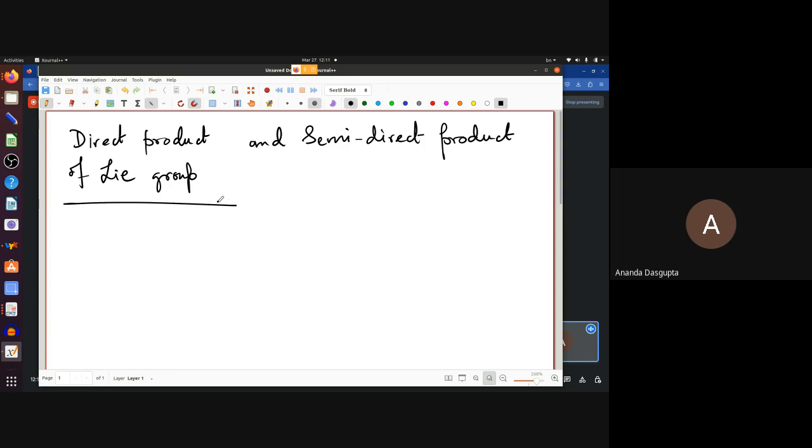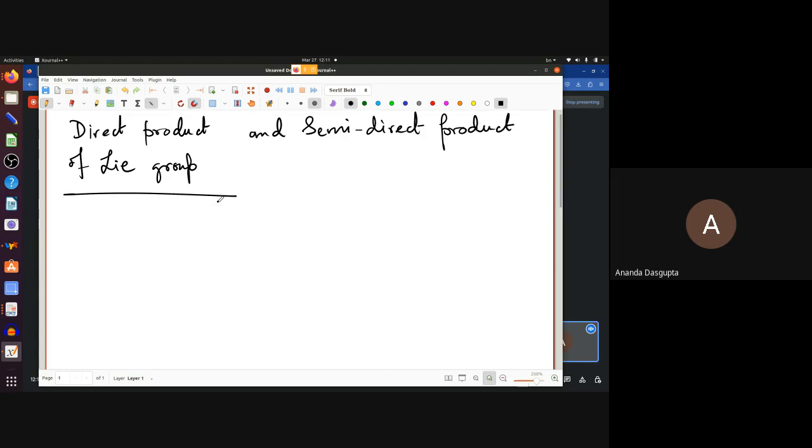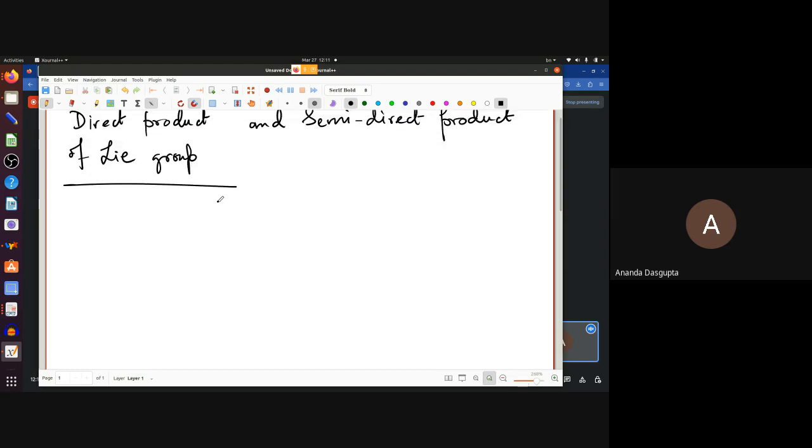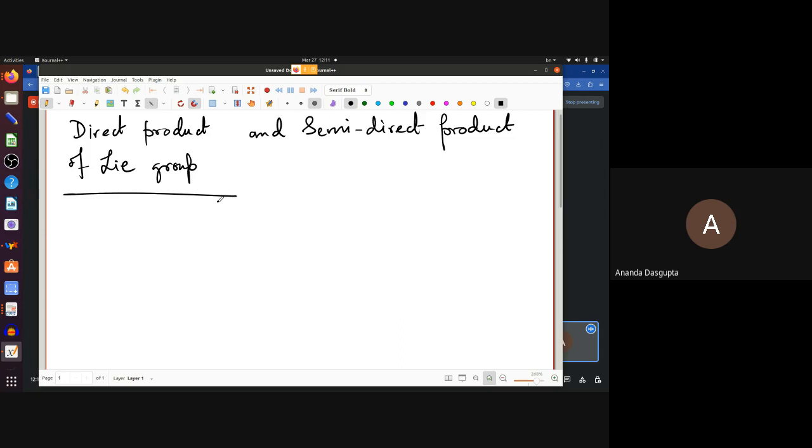So if we're using the Lie group Lie algebra correspondence in a big way, we could start with the definition of a direct product and semi-direct product of the Lie group, which, by the way, was part of the essential viewing at the beginning of the course. And then from there, go on to derive what features direct and semi-direct sums of Lie algebras would have.